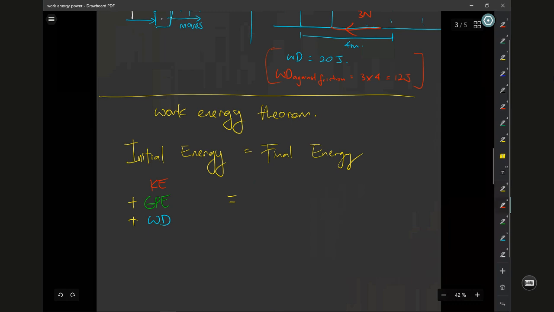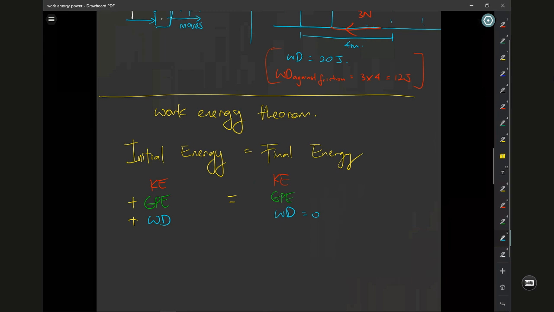So we look at the initial point where the object was, and we look at the final point where the object is. At that point, the KE, the GP, and whatever work done, that's usually 0 by the time it's at its final position.